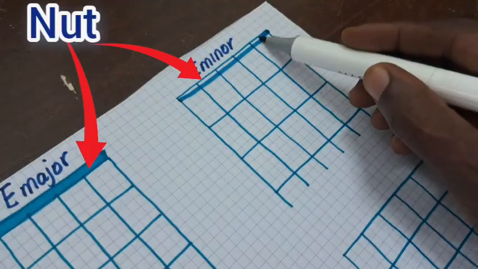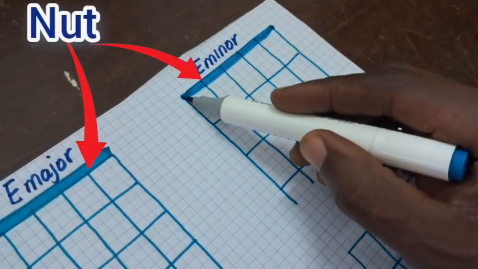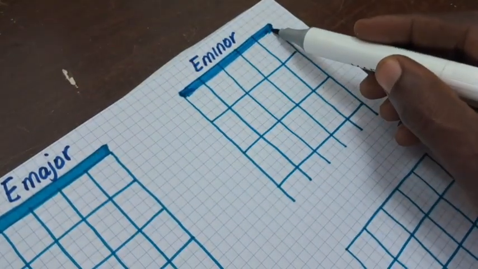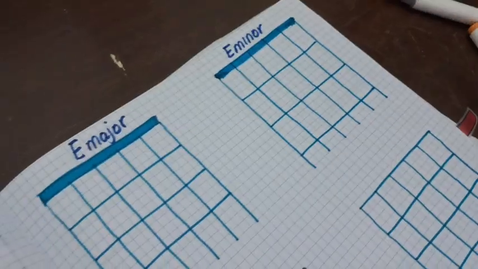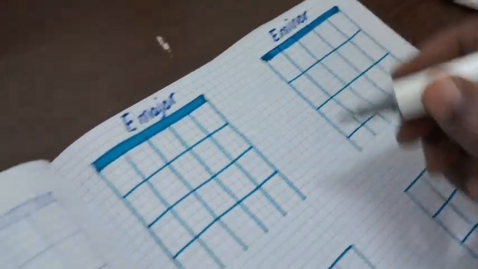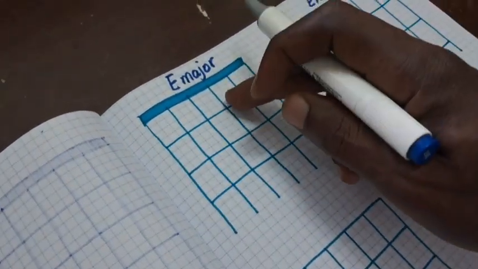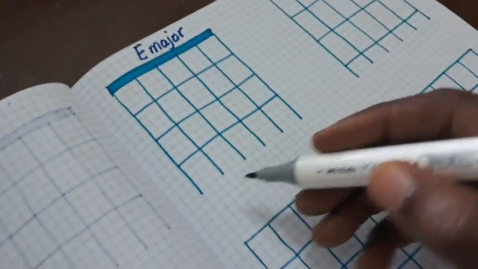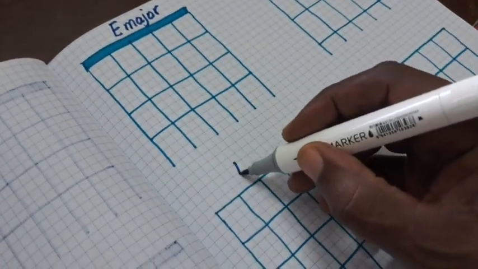That's why we're having the note. You can see the note is thick here. So we have E major, E minor, and then the E7th.